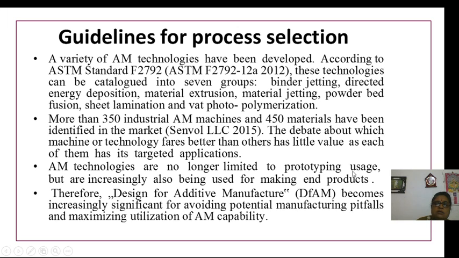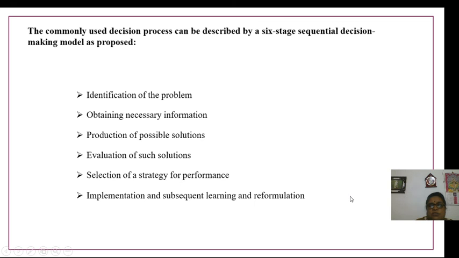Earlier we used AM technologies for prototyping. Nowadays it is no longer limited to prototyping; they are even used for production of end products. There are around 6 stages where a decision making model is proposed.